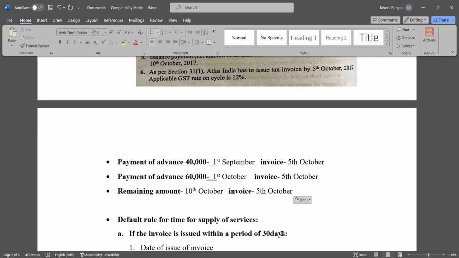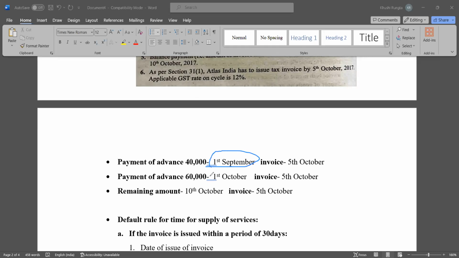Okay. Now, as we have got to know the payment date as well as the invoice date, whichever is earlier. Now, 1st September and 5th October, which is earlier? September, right? So we will be having three times of supply. First is 1st September, as this is the earliest in this.